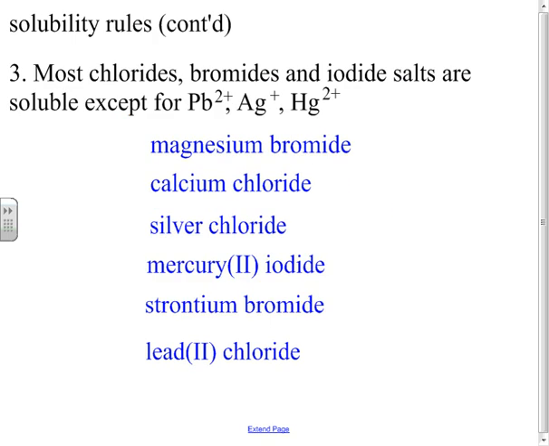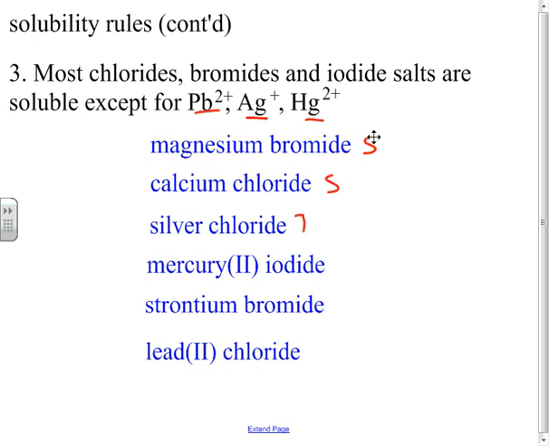When you get to the third rule, it says most chlorides, bromides, iodides, salts of the halogens are soluble, except if it's a lead 2 chloride, bromide, or iodide, and same for silver or mercury. So magnesium bromide is soluble because it's not a lead, silver, or mercury halide salt. Calcium chloride is soluble.